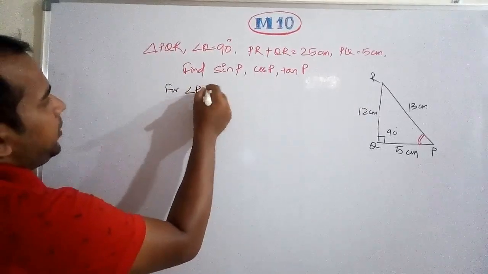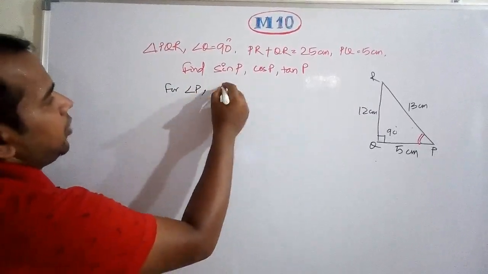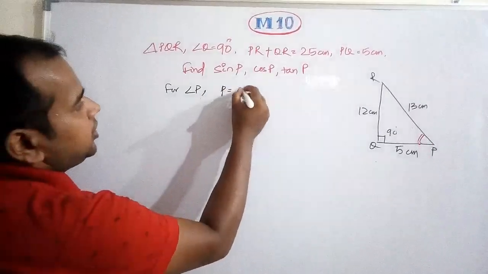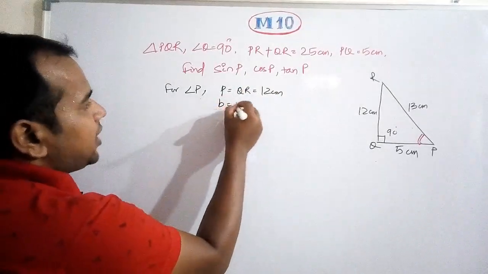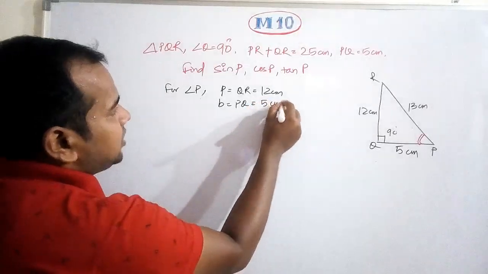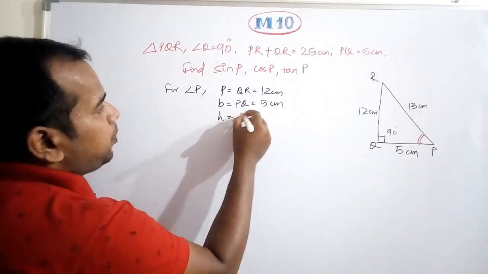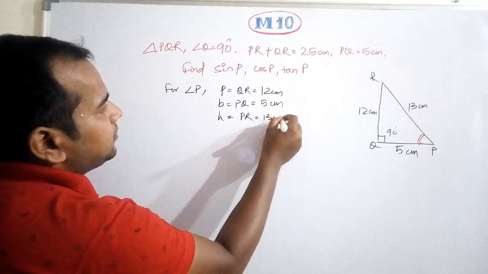For angle P, perpendicular is QR, that is 12 centimeter. Base is PQ, that is 5 centimeter. H equals PR, that is 13 centimeter.